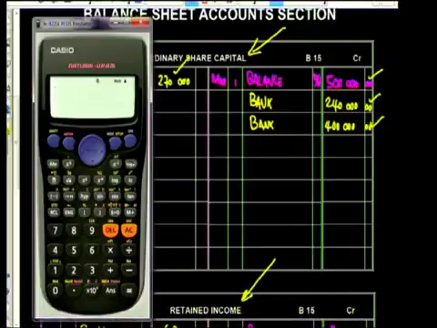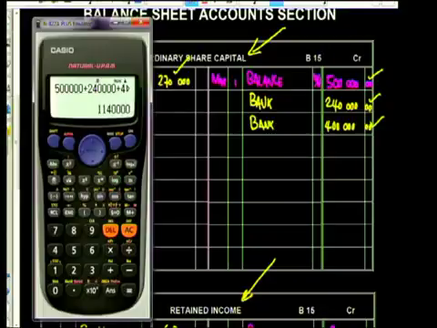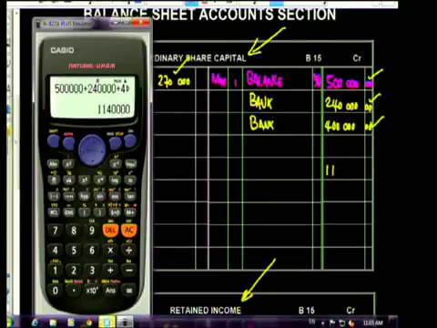Okay, and if we balance that account, let's do the balancing of it. What do we have? 500,000 plus 240,000 plus 400,000 is equal to 1,140,000.